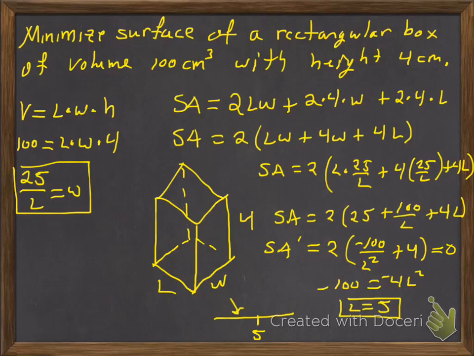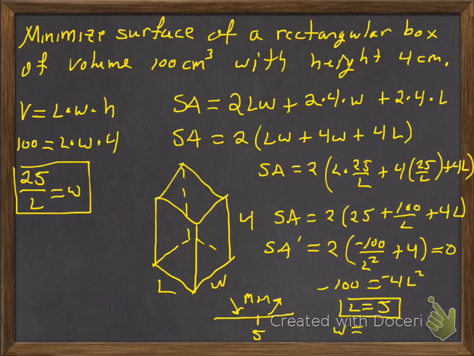Then I can take a number like 200. 200 squared is a big number. So if I had 200 squared, that's going to make this basically very small. And 4 will overcome whatever negative that is, so it's going to be positive. So we went from decreasing to increasing, so we have a minimum there.